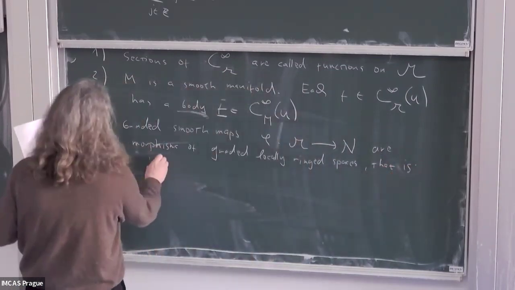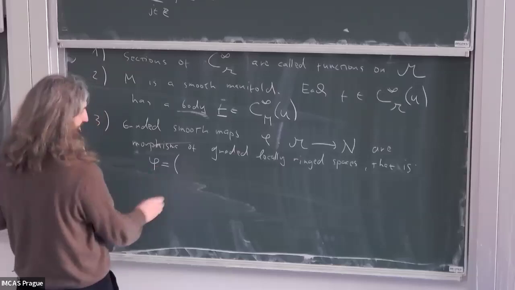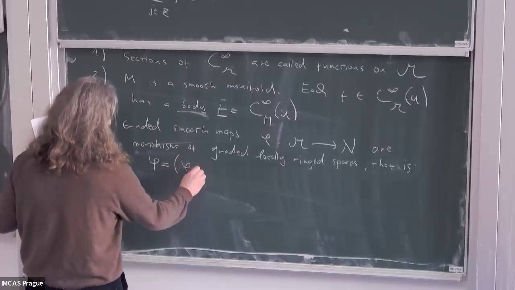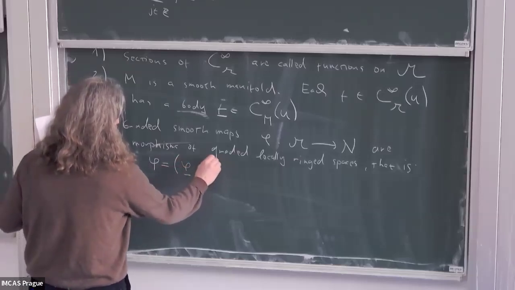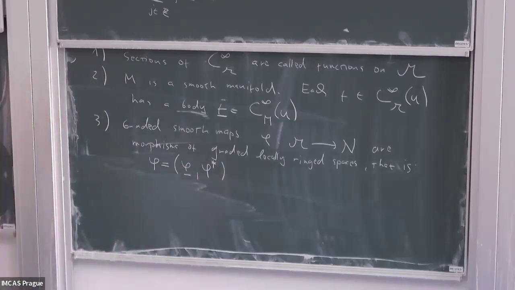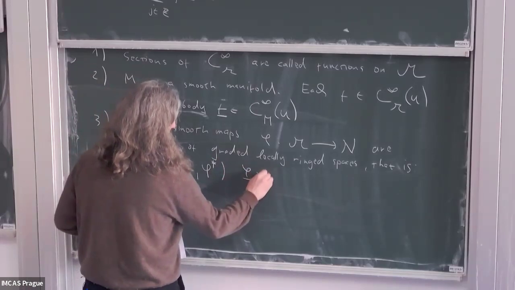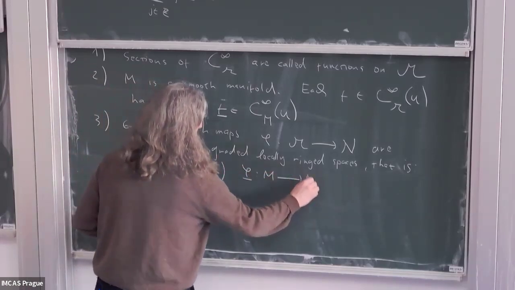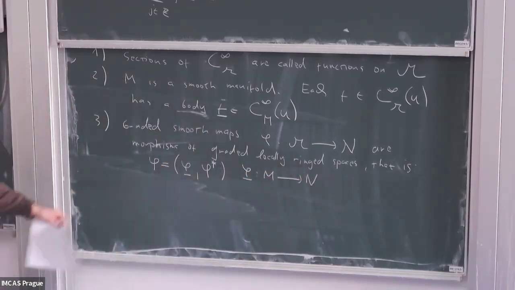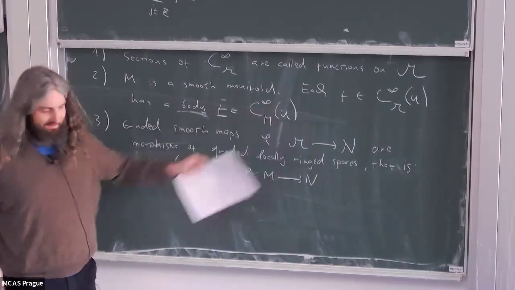So each graded smooth map is secretly a pair of two maps, where this phi underlying is just a continuous map from M to N, between the underlying topological spaces.